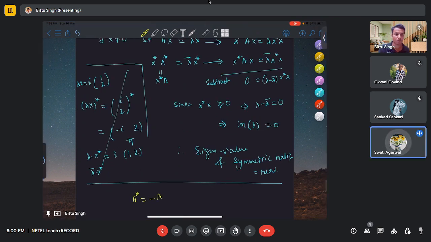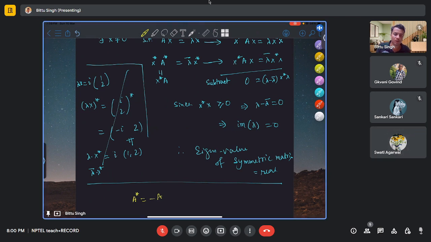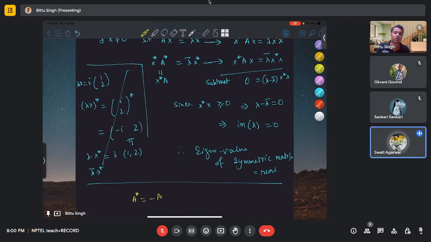Sir, is it also true for symmetric that it always has full rank? If A belongs to Rn, then will the eigenvalues be the same number?